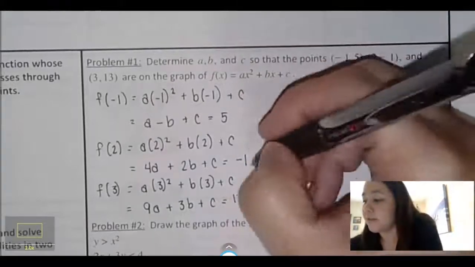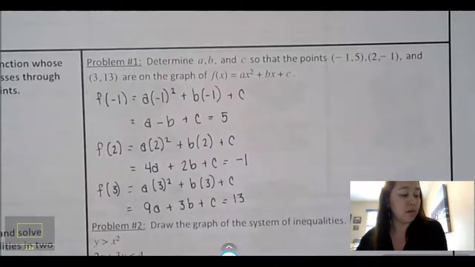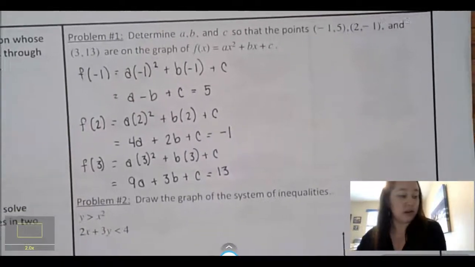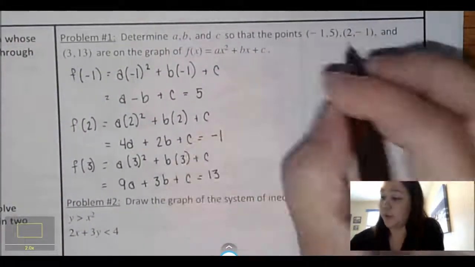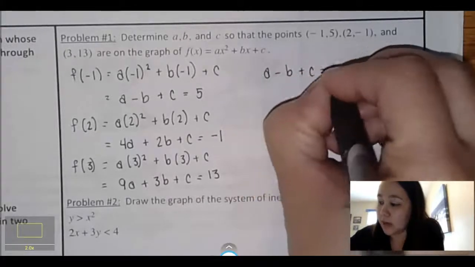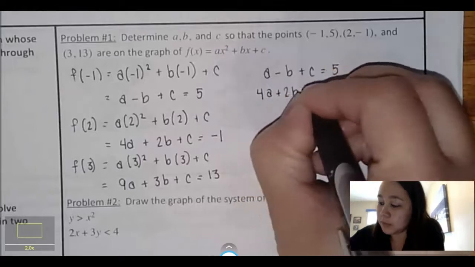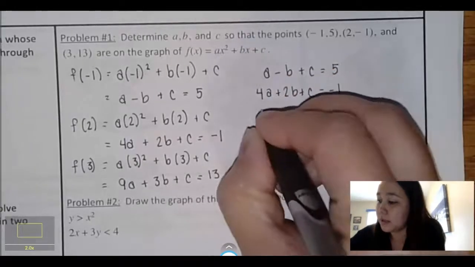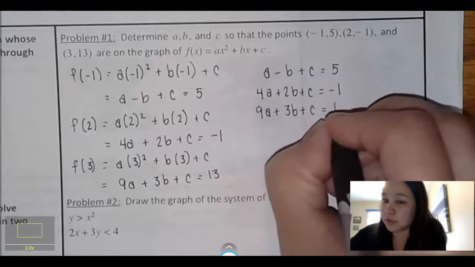I got 5, negative 1, and 13 from the y values. So, my system of equations is a minus b plus c equals 5, 4a plus 2b plus c equals negative 1, 9a plus 3b plus c equals 13.